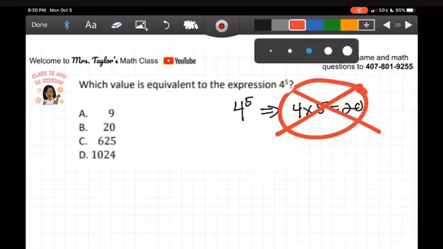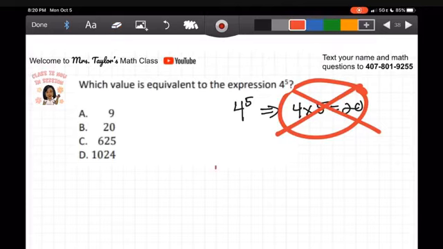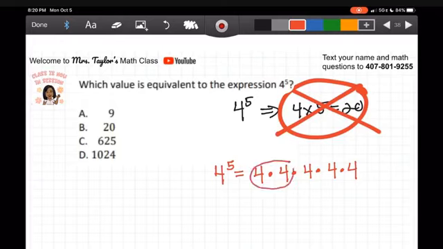So what it means is you have 4 to the 5th, means you multiply 4, which is your base number, 5 times. So that's 1, 2, 3, 4, 5. So let's get to multiplying. So if I take these two, it's going to be 16. Then I'm going to rewrite everything over.